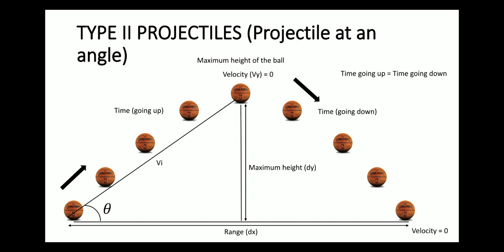And because it is a triangle, if we have a hypotenuse, we also have bases. Here is the Vix, the initial velocity at the x-axis, and then we have Viy, the initial velocity at the y-axis. Vi, Vix, and Viy are different from each other. Later you will know the reason why we have Vi, Vix, and Viy.